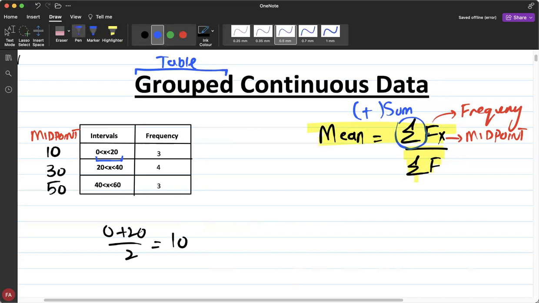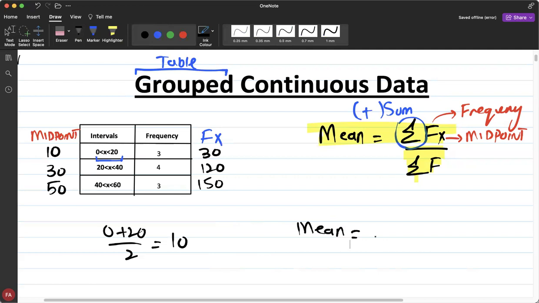Now, like I said, what we need is fx, so frequency times the midpoint. X represents midpoint, and if there's nothing in between, that means they're getting multiplied. So 10 times 3, that's 30. 30 times 4 is 120. 50 times 3 is 150.